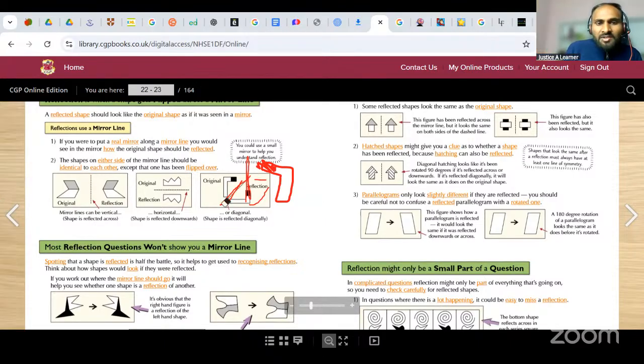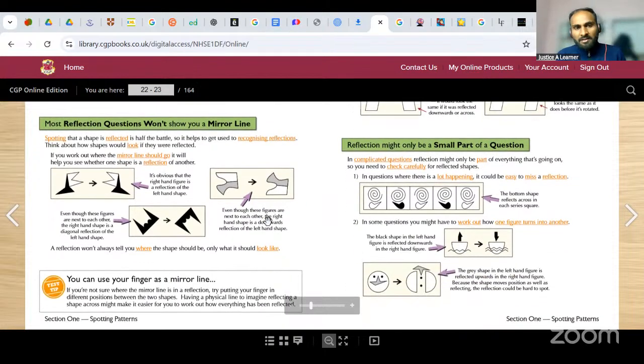And when the mirror is not given, some other shapes would be given in a series that will help you understand. And in this also, the same is happening. This is the mirror image. So this has just turned into this, and this is also the mirror image. But you have to find which side the mirror is actually working. Yeah, very good. In this case, you can say how the mirror is working.